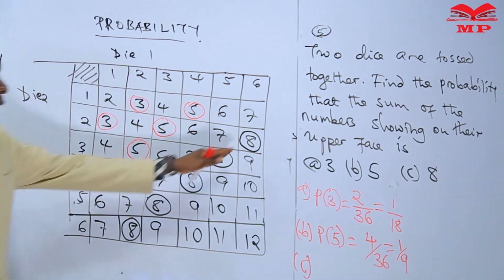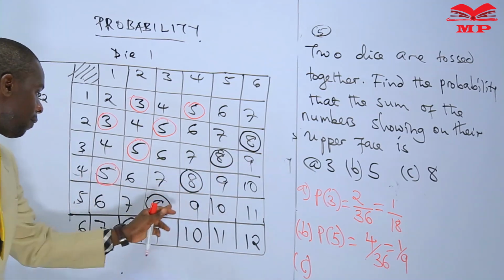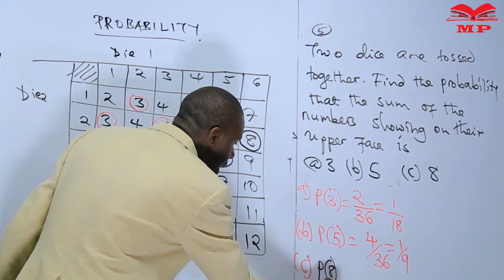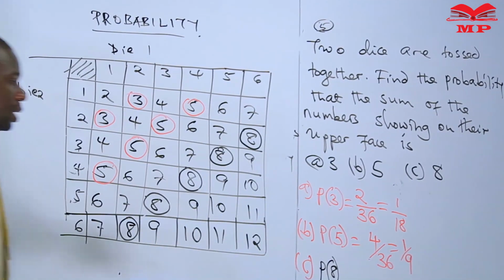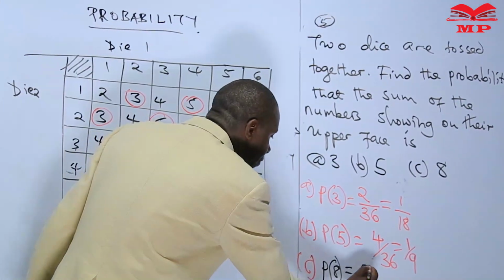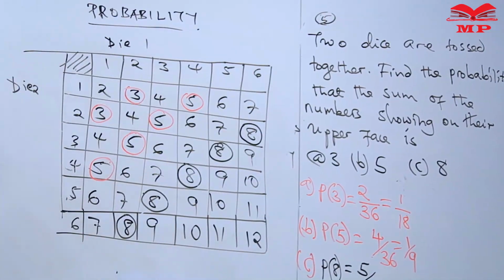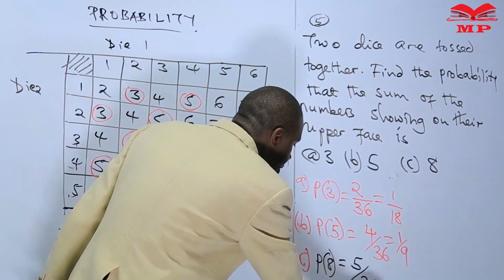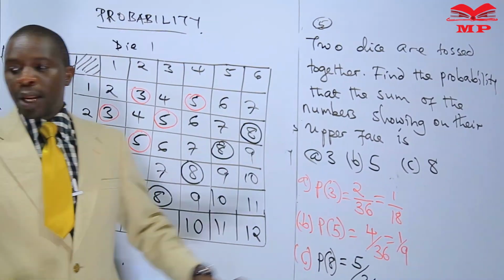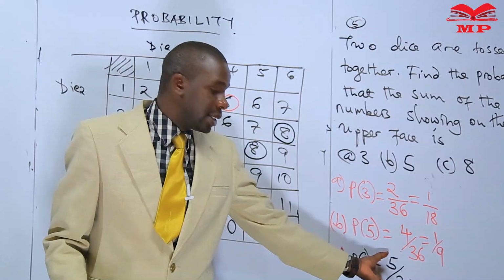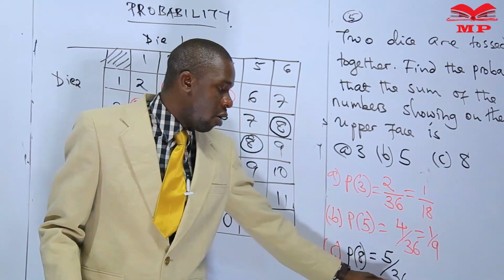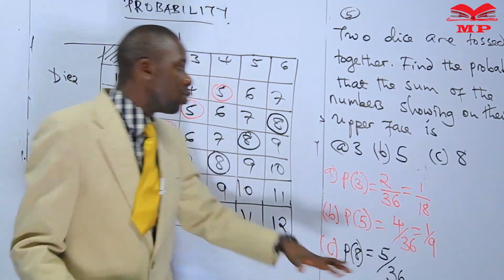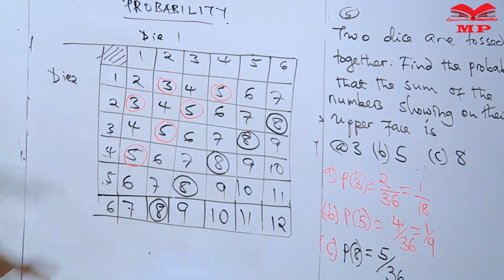So, in other words, we have 5. 1, 2, 3, 4, 5. So, we can say the probability of us having 8 as the sum is actually 5, the favorable outcomes we are looking for, over the total here, which is 36. Now, you realize that this already is its simplest form because we don't have any common divisor of 5 and 36. So that is what we will do to do that question.